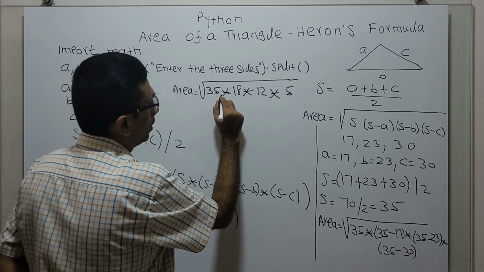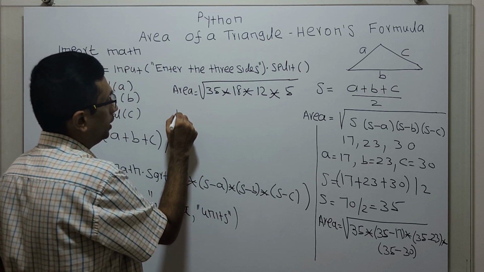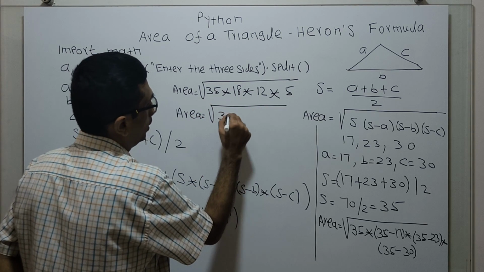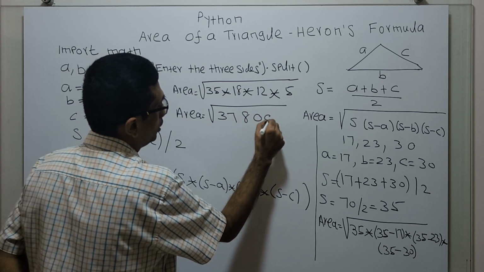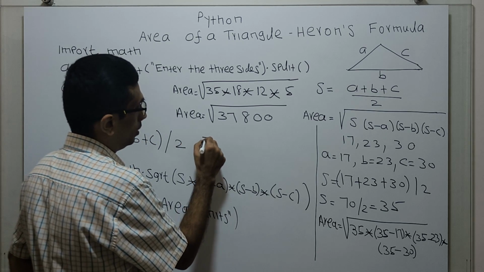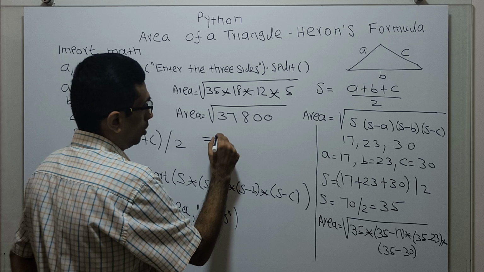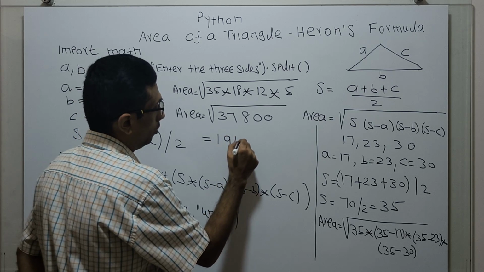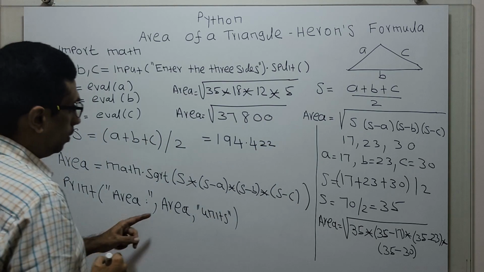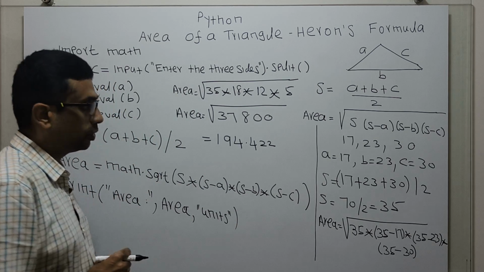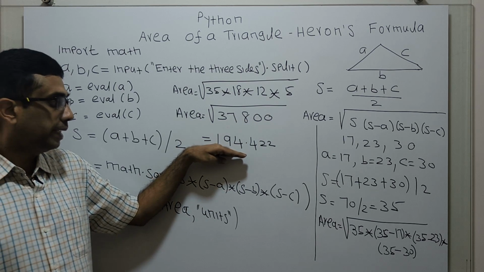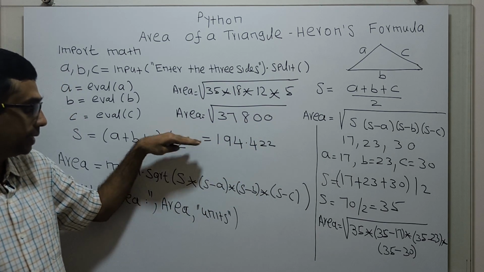When you multiply 35 into 18 into 12 into 5, this gives the value 37800. When you take the square root of 37800, it gives the value 194.422. So my output is 194.422 units.